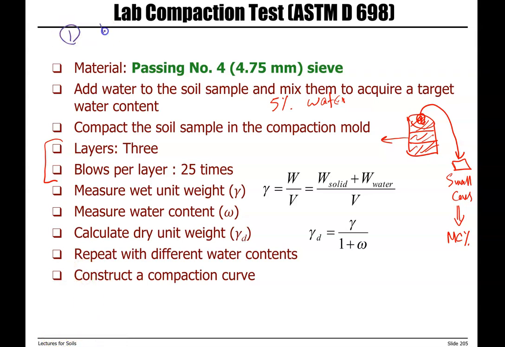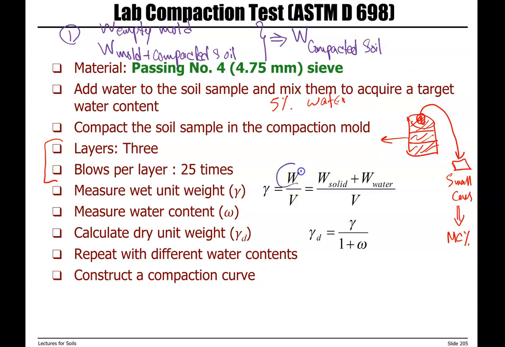First, we have weight of empty mold and weight of mold plus compacted soil. The difference between these two gives us weight of compacted soil, or W here.